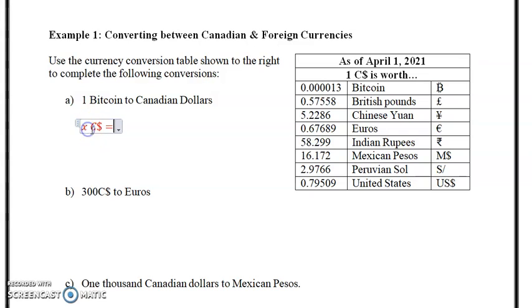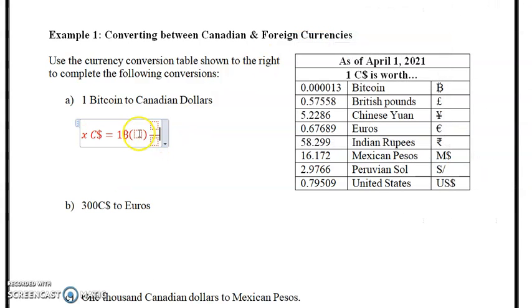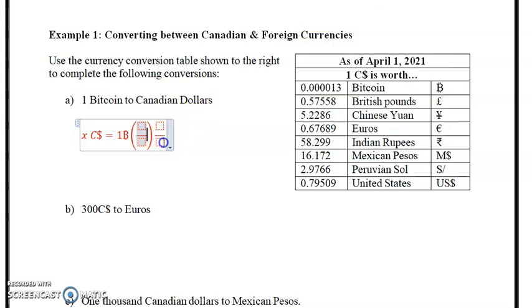So the conversion factor: we say X number of Canadian dollars is equal to 1, and I'll just use the symbol for Bitcoin here, 1 Bitcoin. Then we put our brackets, numerator and denominator. At the bottom, we're going to use the Bitcoin conversion.